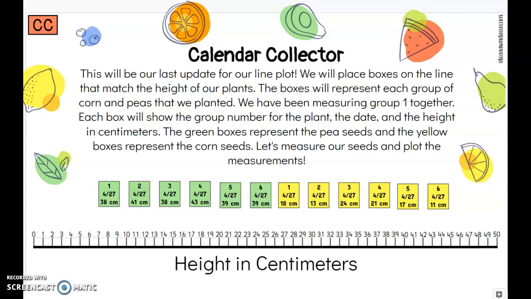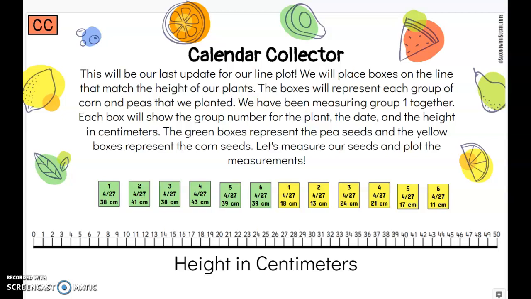Now that our seedlings are measured, we are ready to plot our measurements on our line plot. This will be our last update for our line plot and the last time we visit our plants this month. We will place boxes on the line that match the height of our plants. The boxes will represent each group of corn and peas that we planted.